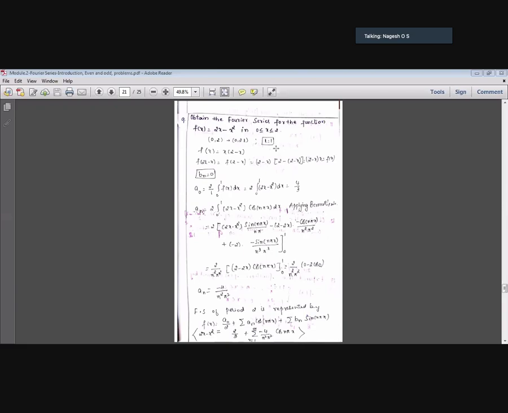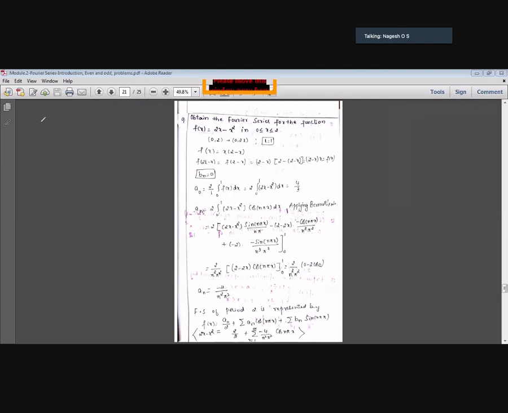First thing is we need to find the L value. Compare this 0 to 2 with 0 comma 2L, or A comma A plus 2L.